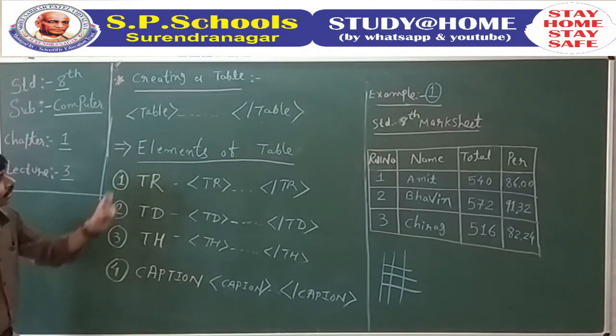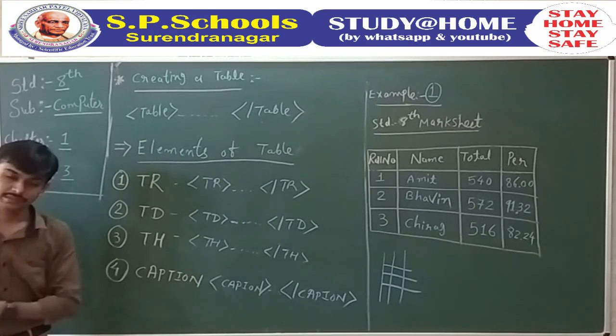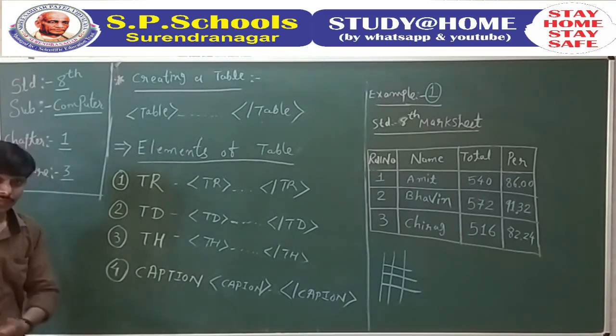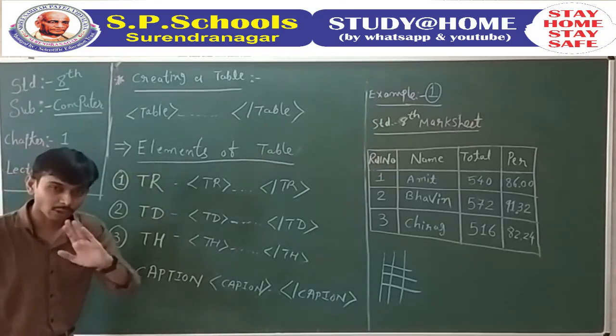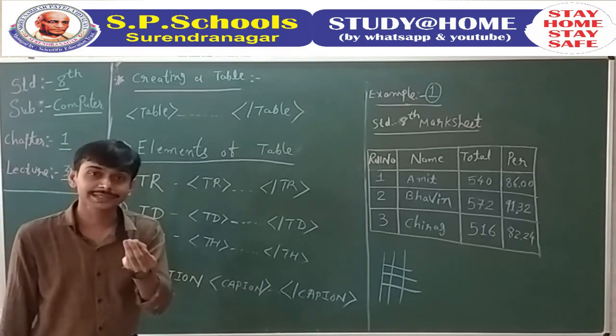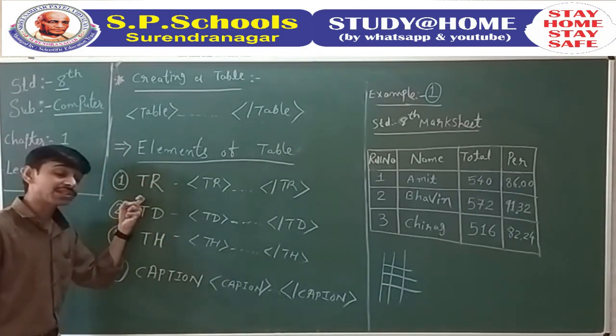Then, HTML's elements of a table. Which are the elements in HTML for creating rows and columns in a table? We require 4 major elements. First element is TR, table row.